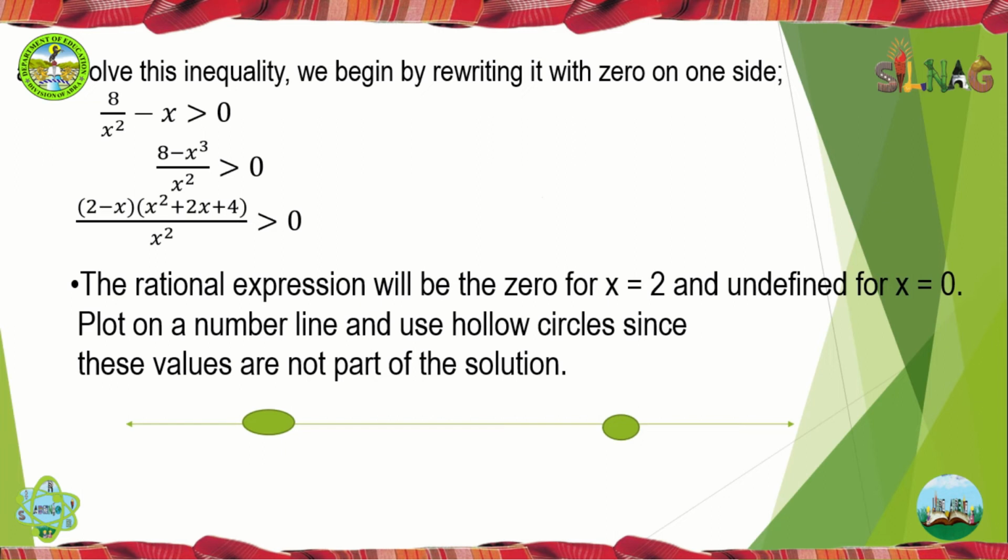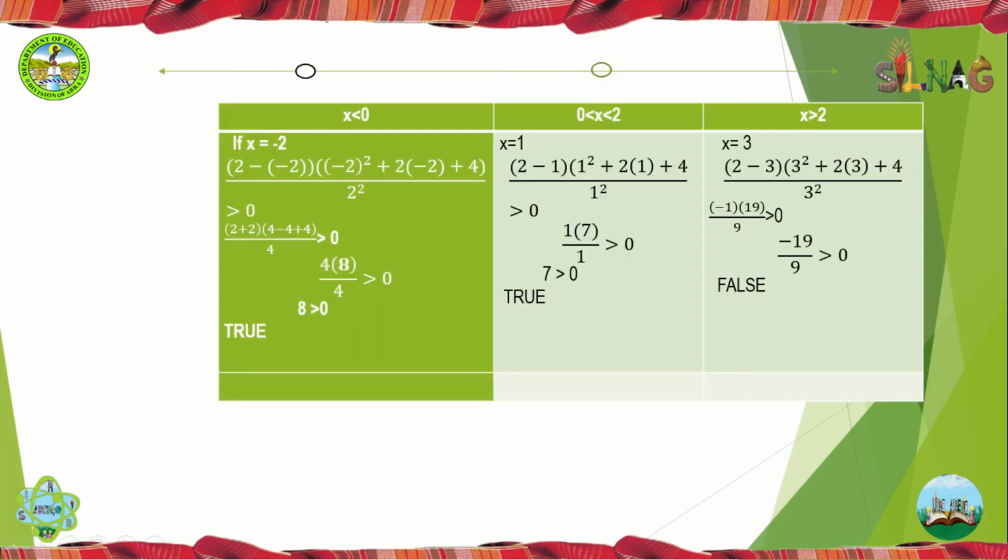So, we have the number line now, and we will use a hollow circle or an empty circle. So we have our number line, and we have empty circles at 0 and 2 because they do not satisfy the given inequality.